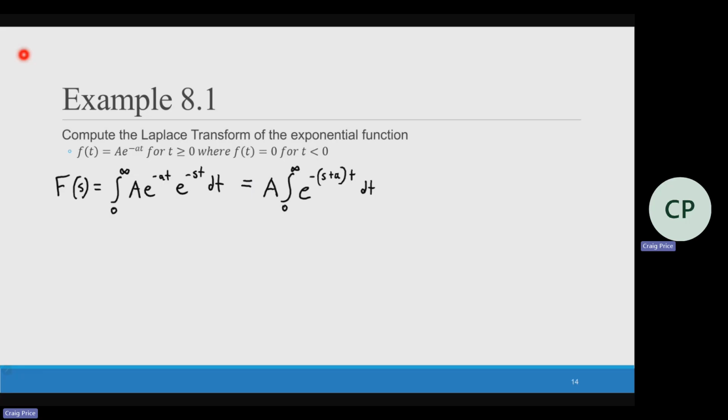And now what would the integral of that be? Any ideas?